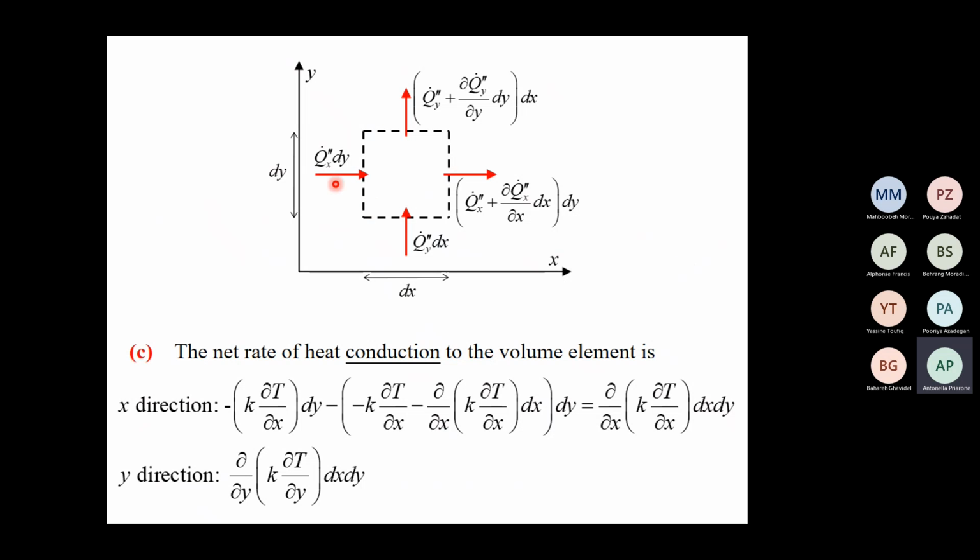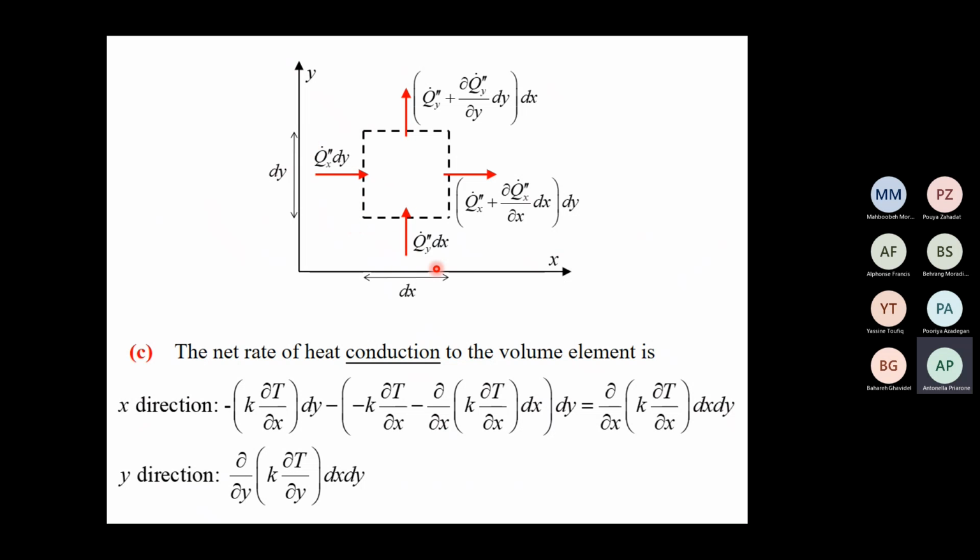Again, my control volume here, and I have an inlet heat flux in the x direction, q dot x. Dot means per unit time, so it is a watt. Two apexes means per unit area, so this one is watt per square meter, multiplied by the area, dy by 1 for the x direction.